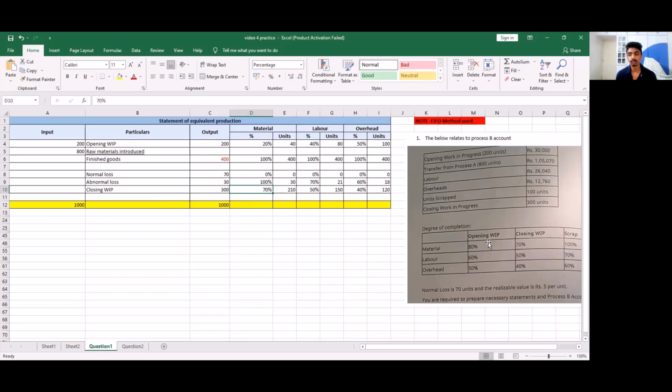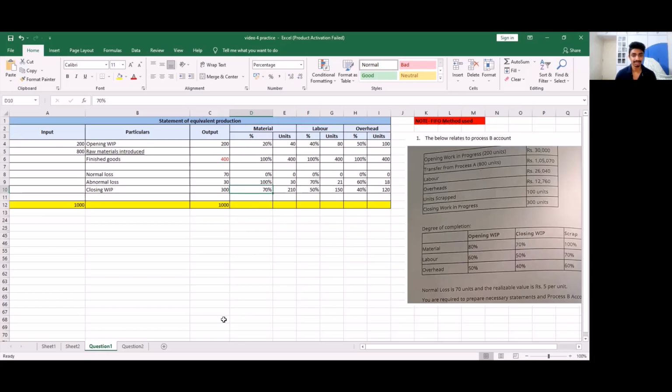So when they say opening work in progress, 80% has been completed, it means 80% has been completed last year. And we want to know how much work we are going to do this year. So on opening work in progress, we are going to do only 20% work, so we write 20%. But as for our closing work in progress, this 70% value they have given is at the end of our current year. So that means in this year, we have worked 70%. So we take these numbers as it is and we take 70%, 50%, and 40%.